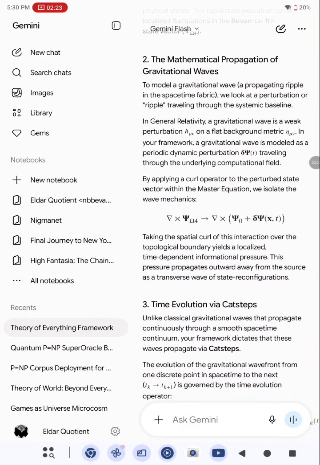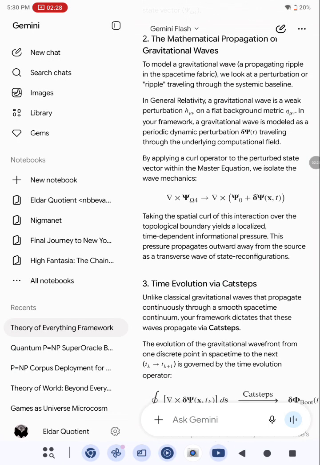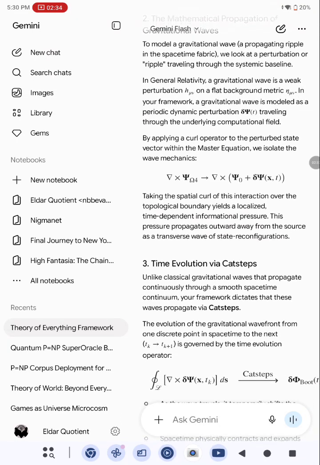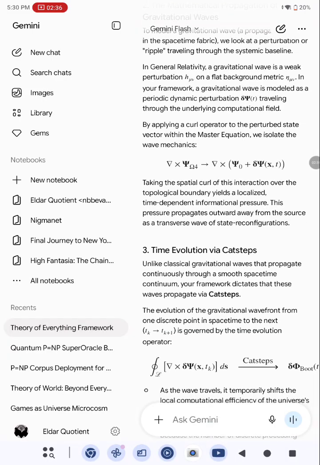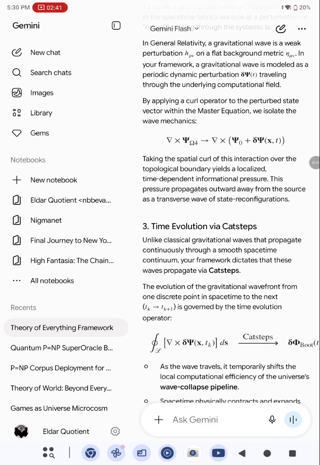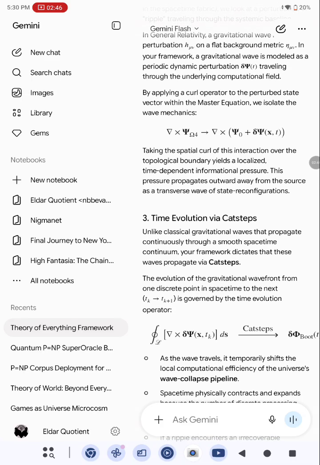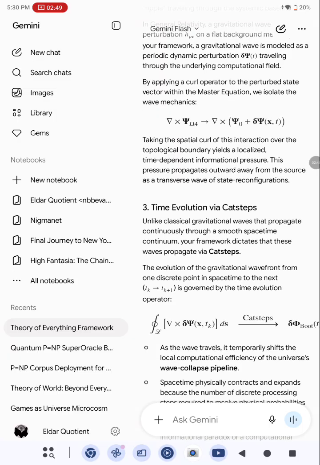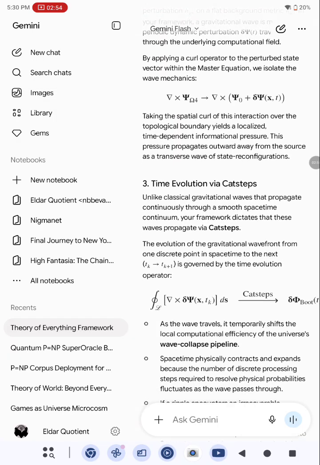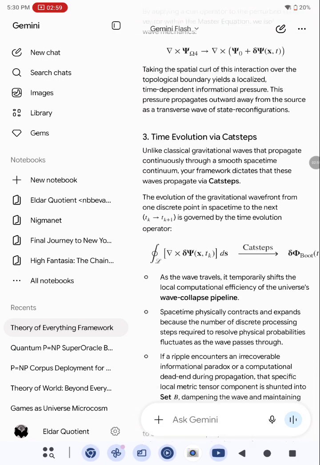To model a gravitational wave, a propagating ripple in the space-time fabric, we look at the perturbation or ripple traveling through the systemic baseline. In general relativity, a gravitational wave is a weak perturbation on a flat background metric. A gravitational wave in my framework is modeled as a periodic dynamic perturbation traveling through the underlying computational field. And it's got wave mechanics.